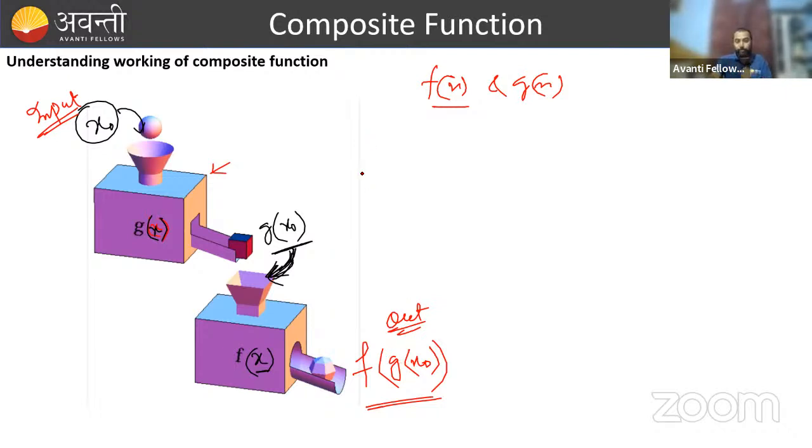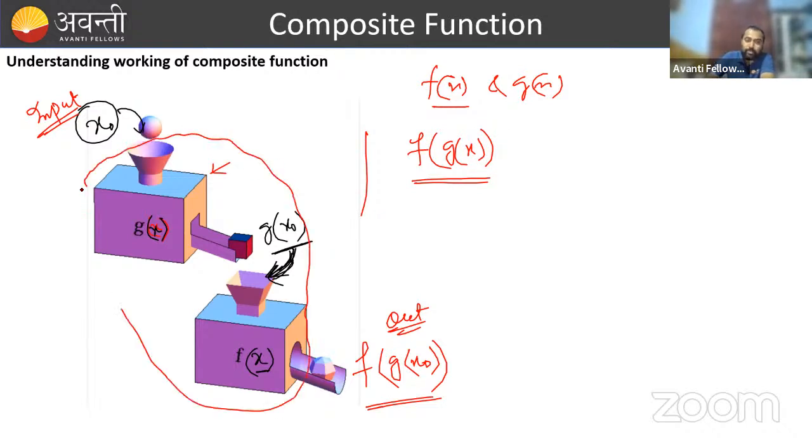So generally, we can write the composition of two functions f and g as f of g of x. What is the new function? That means directly, what is happening in between these two machines, we will not bother about it. What you are giving as the input and what you are getting, that is important for me, right?